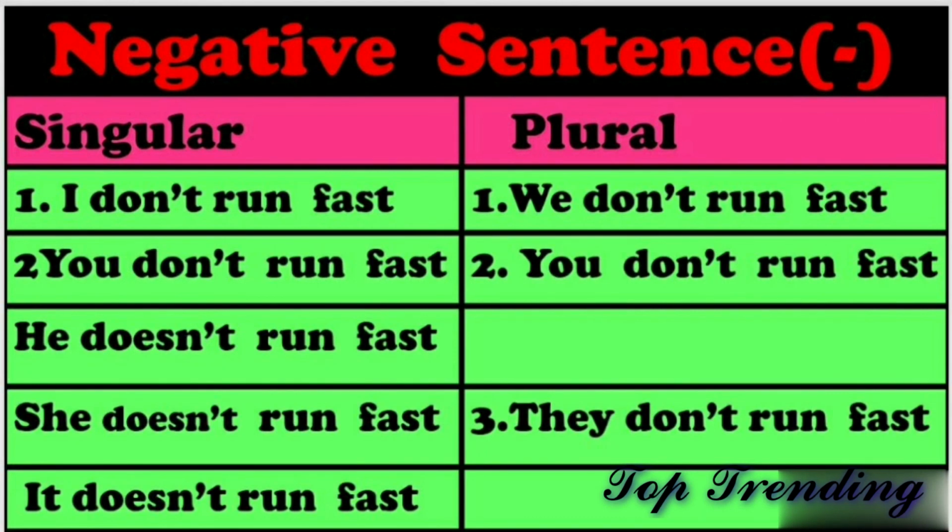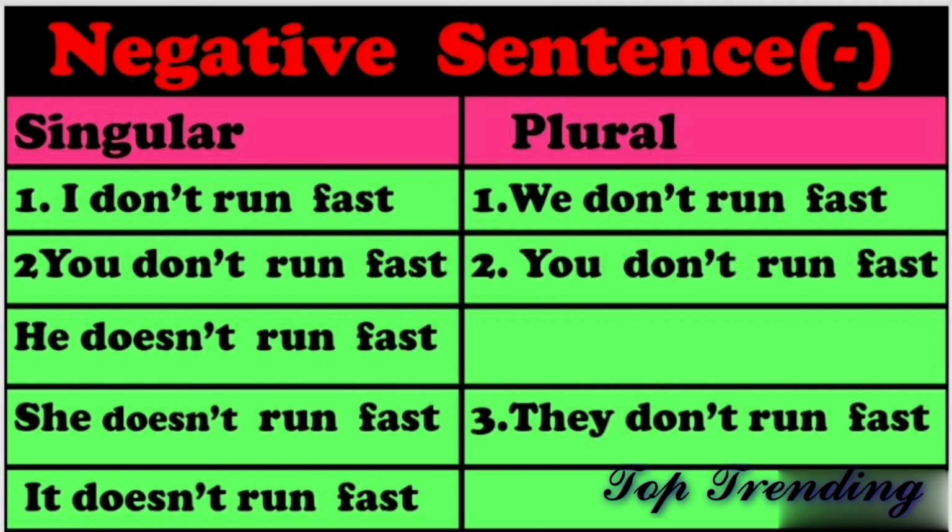Next one, negative sentence. Here also two columns. In the first column singular and in the second column plural. I don't run fast. It changes to we don't run fast. Next one, you don't run fast.